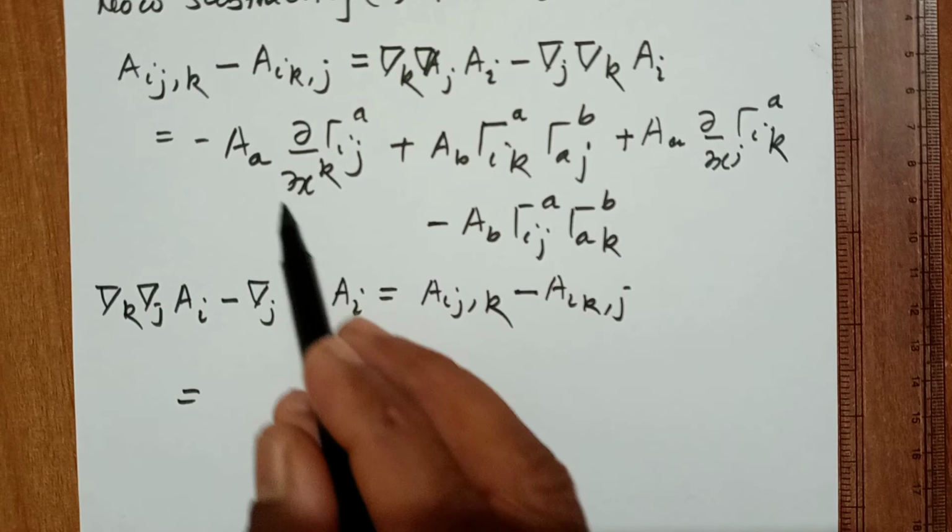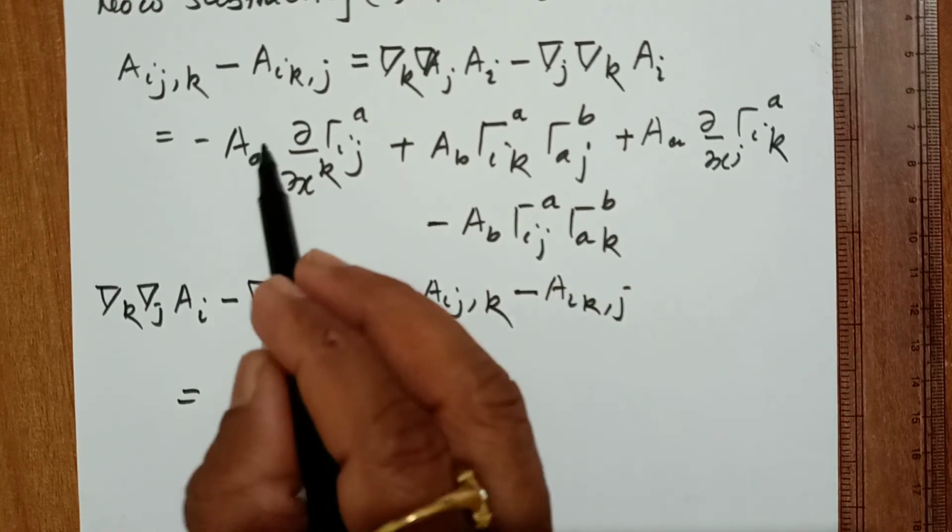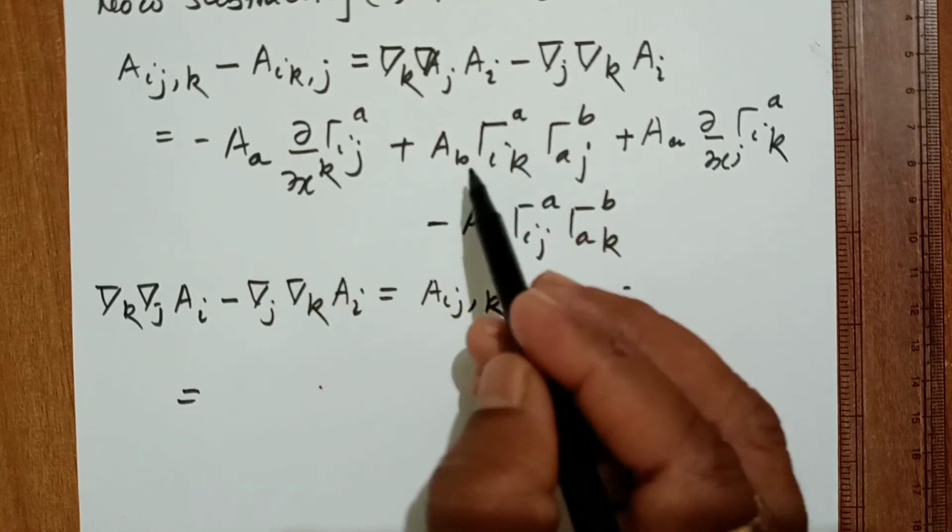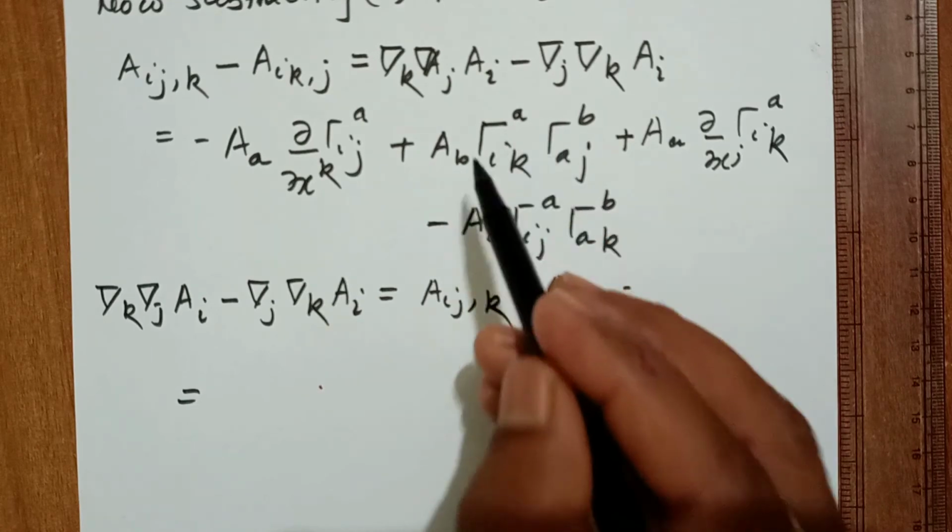I want to take a_a common. Here a and b are dummy indices, so we can change them.